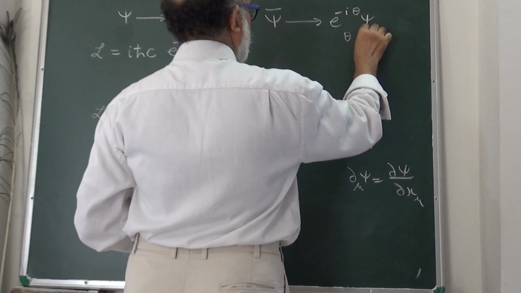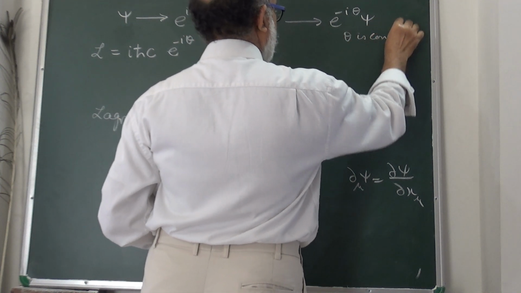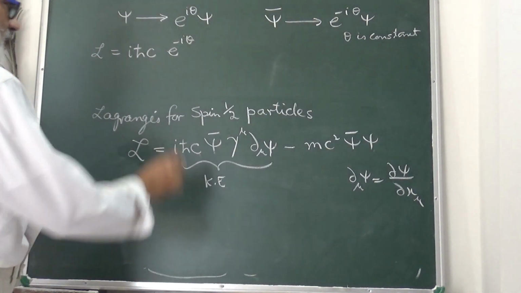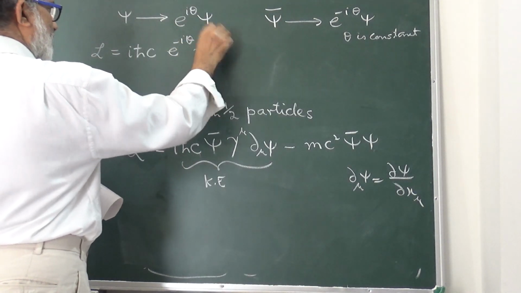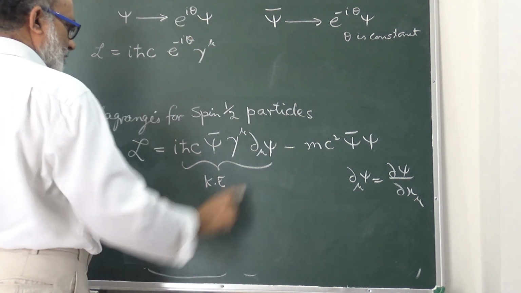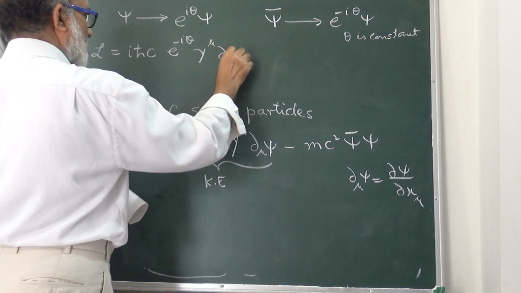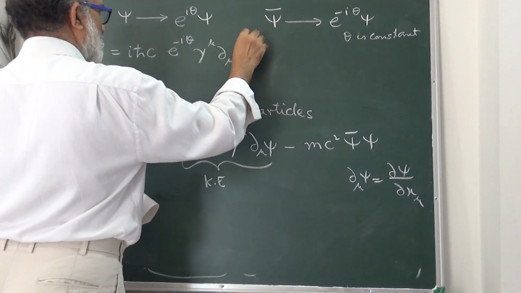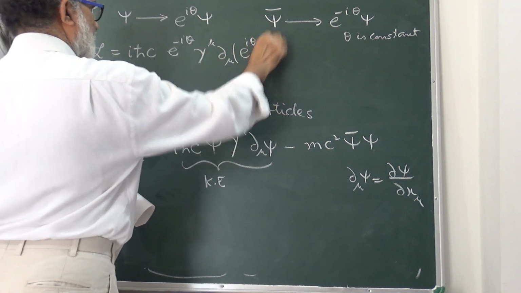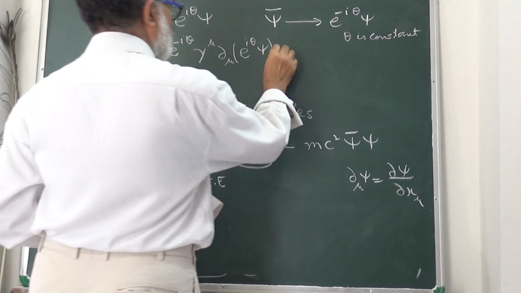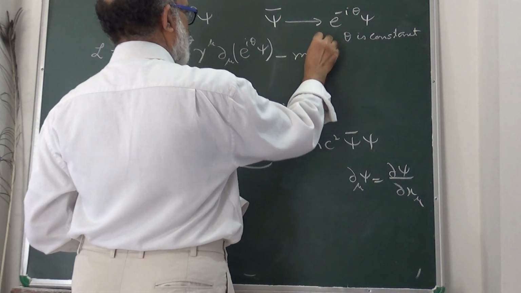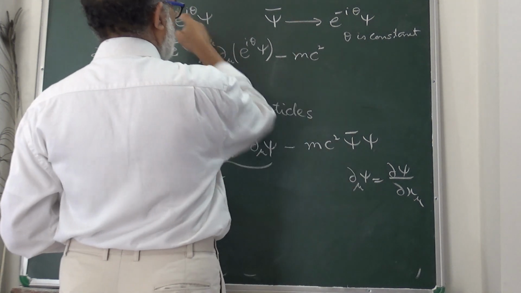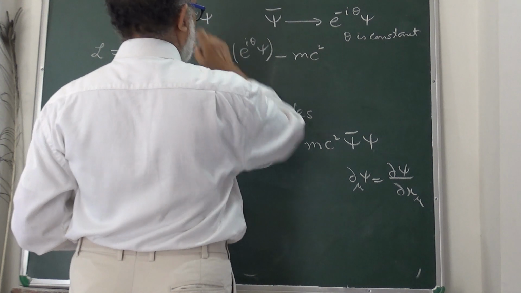Theta is like a constant phase factor. So here e power i theta psi minus m c square. If you substitute the values of these, this phase factor will cancel out.